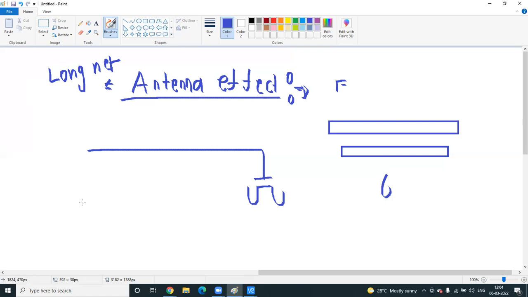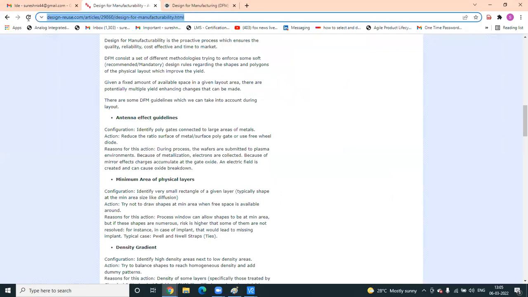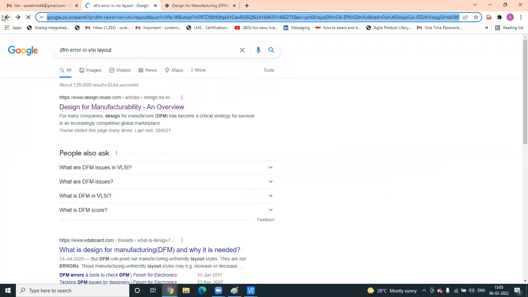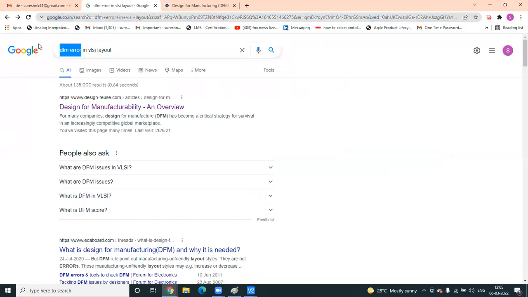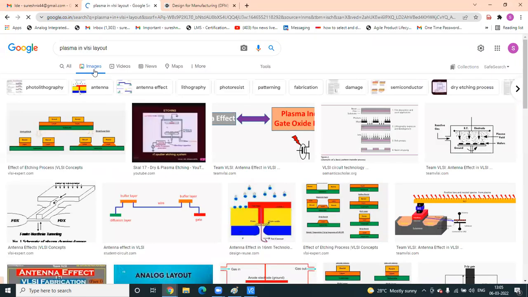What is plasma? Like solid, liquid, gaseous, when you heat gas further, another form is called plasma. One type of gas they will use for removing the SiO2 layer.